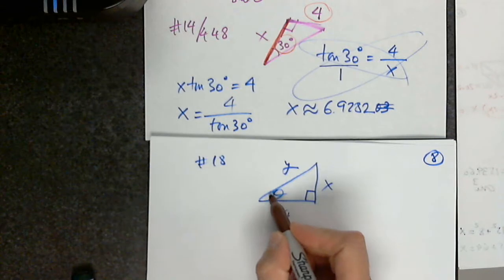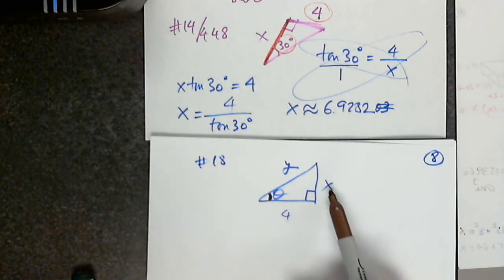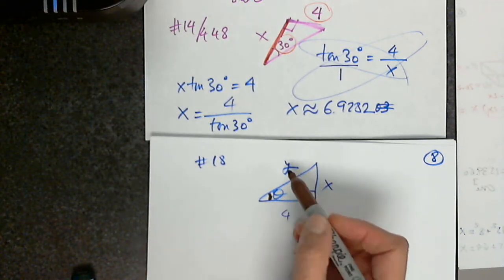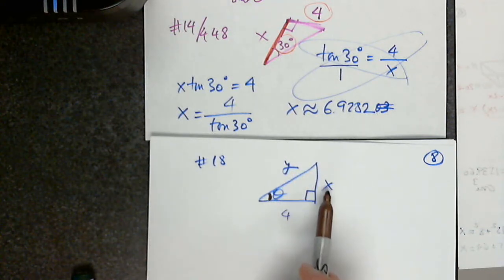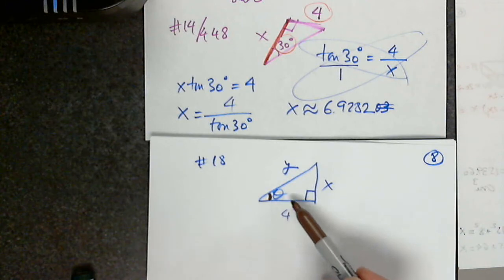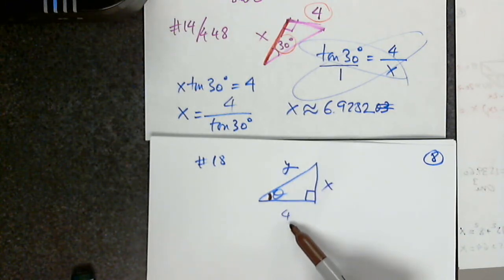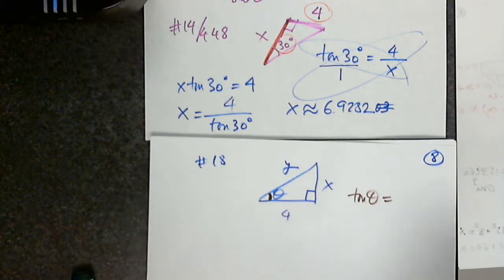So the angle is here. And if I want to express x using theta, I should not be looking at a trig function that uses both variables. I should involve these two. Yes, I will say tangent theta equals.